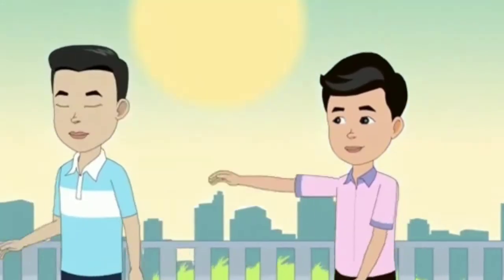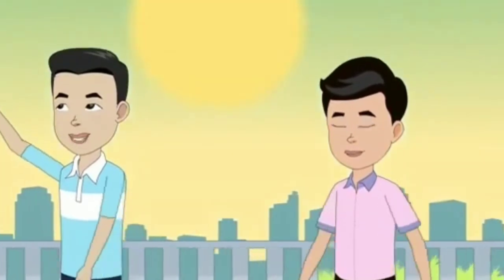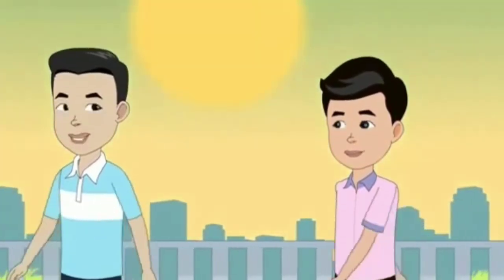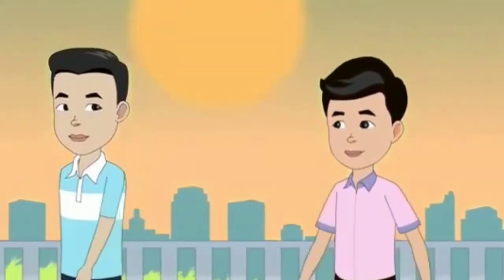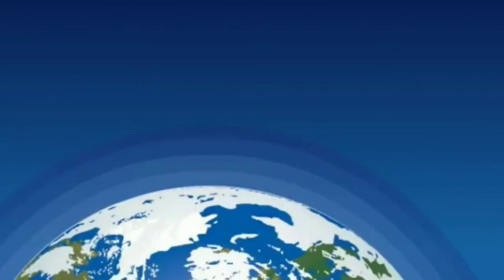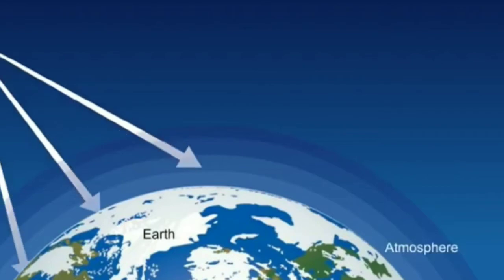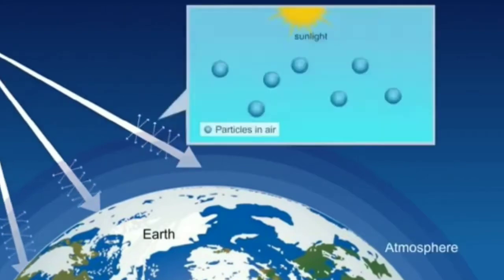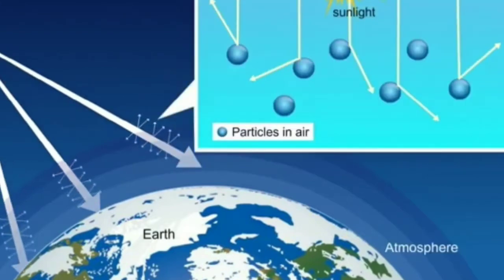The position of the sun is very far away from the observer, so the sunlight travels a longer distance through the atmosphere of the earth before reaching our eyes. So scattering of blue light is more than scattering of red light.